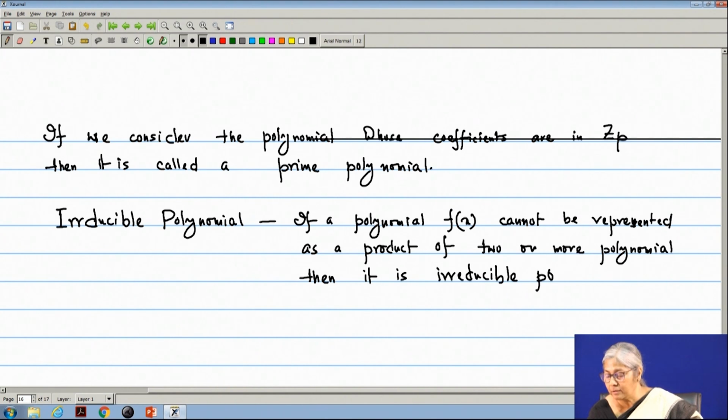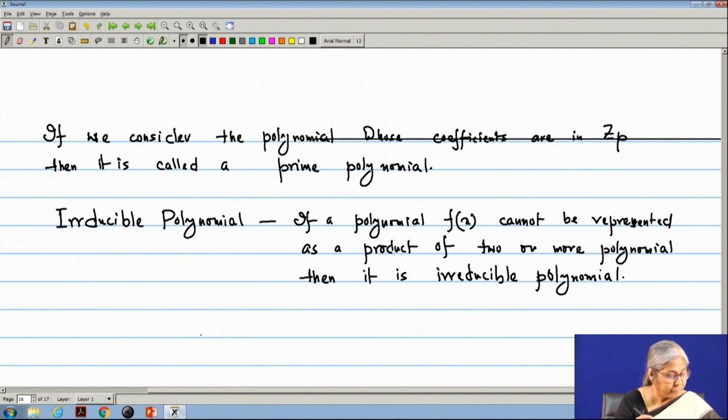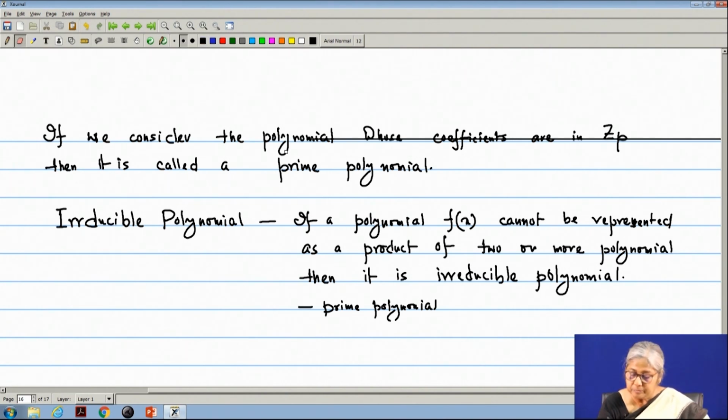Irreducible polynomial, and sometimes by analogy an irreducible polynomial is called a prime polynomial. This is different. This is not prime. Here the coefficients are in prime.